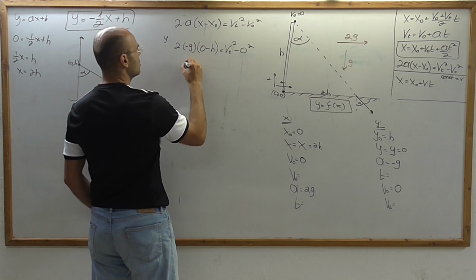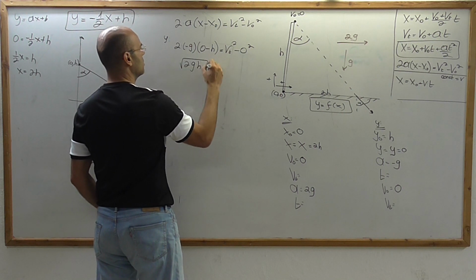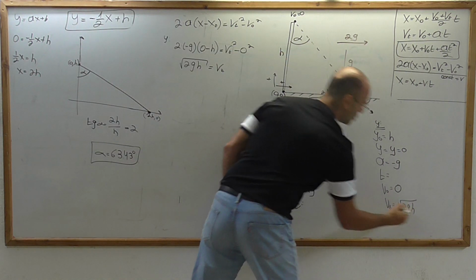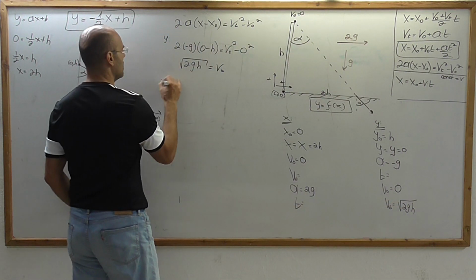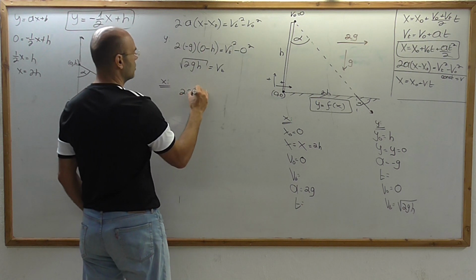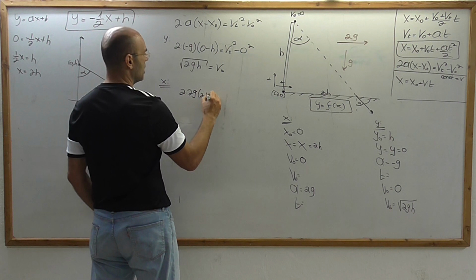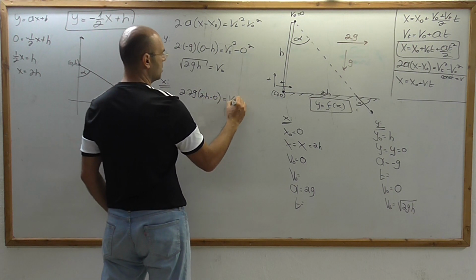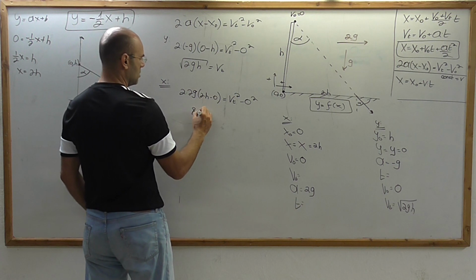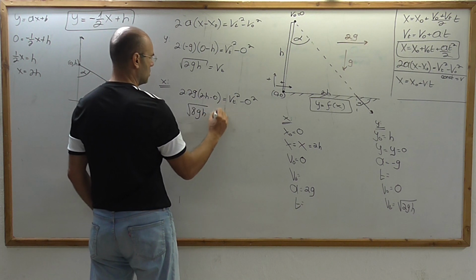So it's 2gh. And now if I want to work with the x, I'll do exactly the same. 2 multiplied by 2g, multiplied by 2h minus 0, equals vt squared minus 0 squared. So it's 8gh equals vt squared.